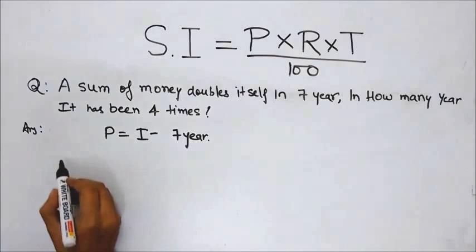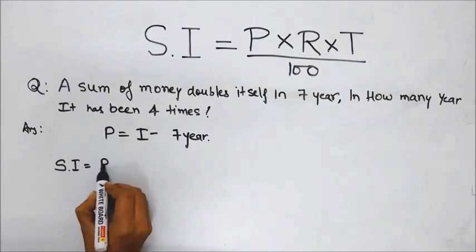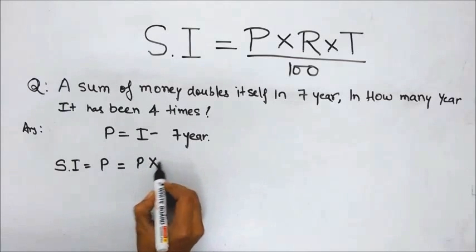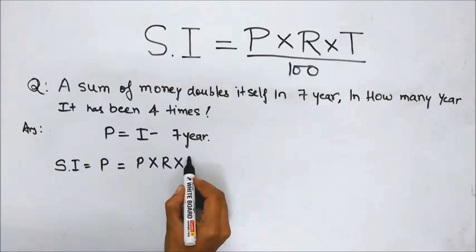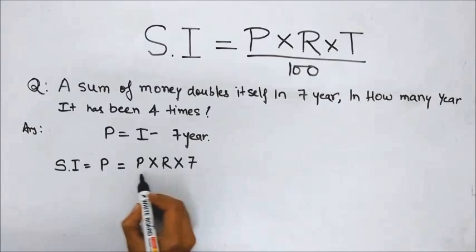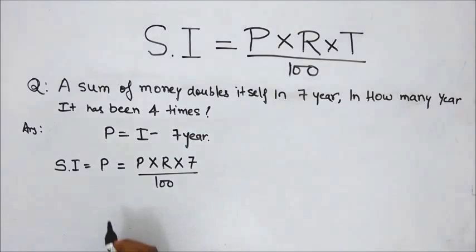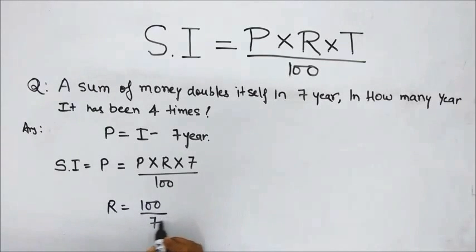According to the formula, simple interest is equal to P into rate of interest, here time given is 7 years, divide by 100. From this equation we find the value of R, and R is 100 by 7. We will use this value of rate in the second part of this question.